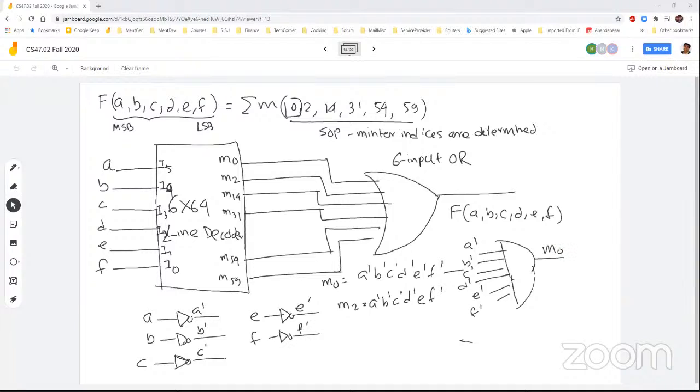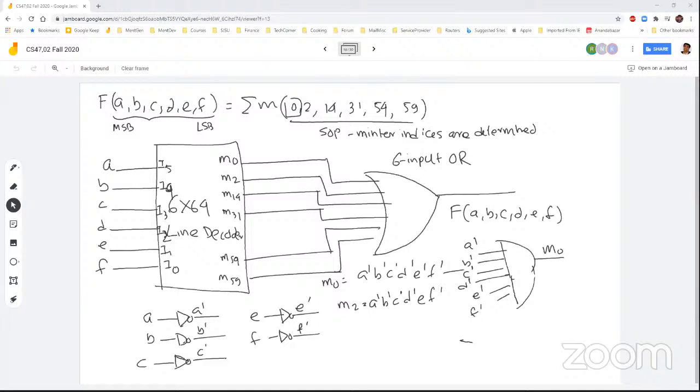Practically, we are constructing a part of the decoder in our mind. If we are not allowed to use a line decoder directly, we can at least use that concept.